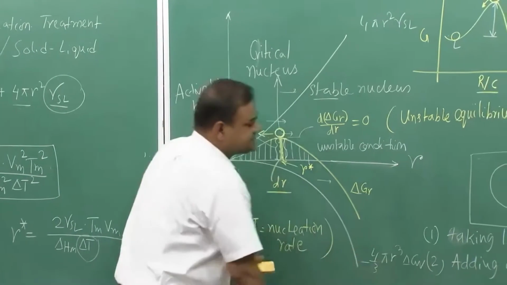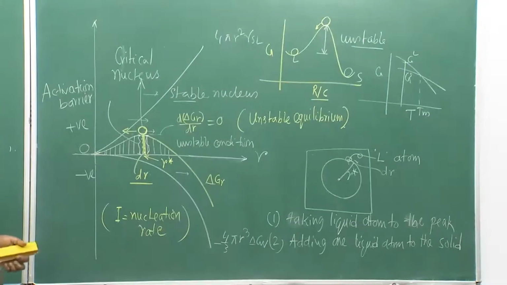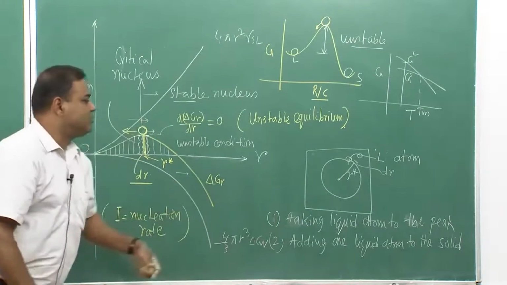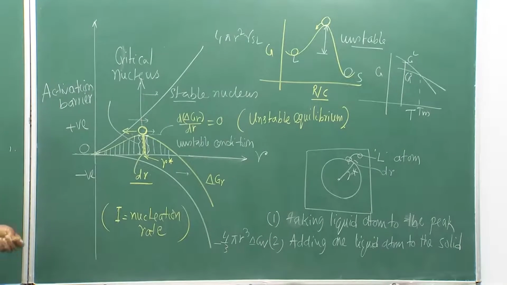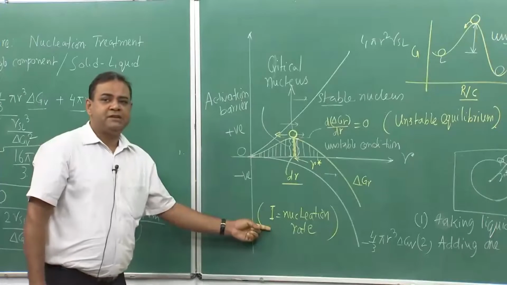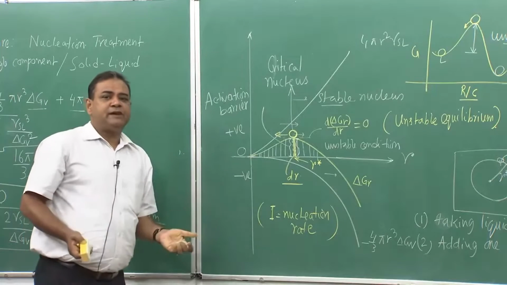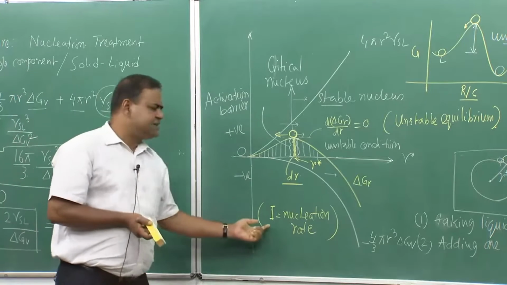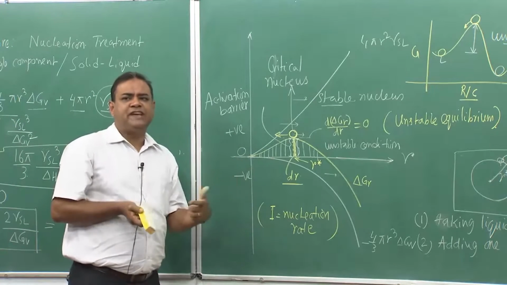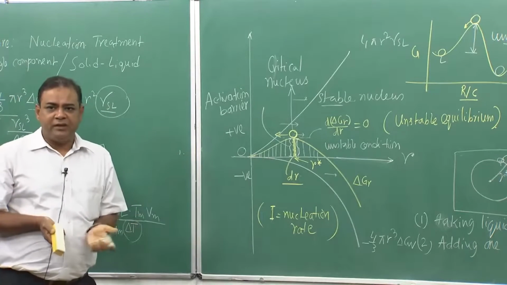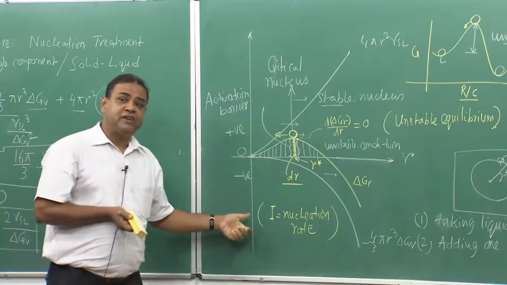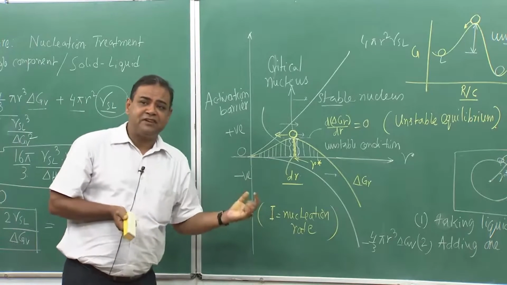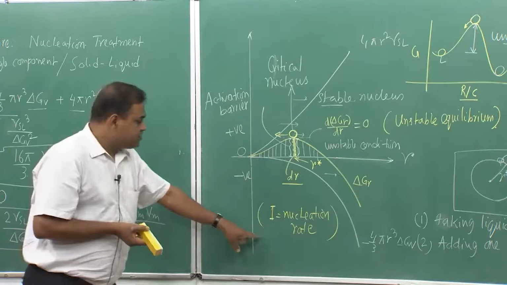First is taking liquid atom to the peak, and second one is adding one liquid atom to the solid. And this nucleation treatment will be elaborately explained by Professor Sangal, but we will just see the expression and try to see its graphical implication, and also whether it has any relation to heat treatment of materials. Okay, we will see that.